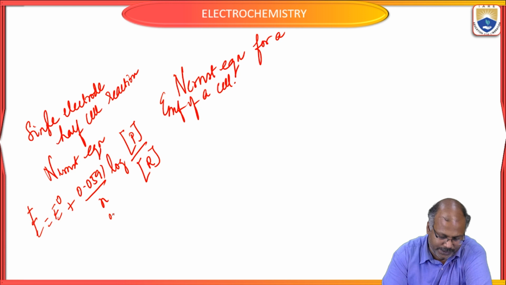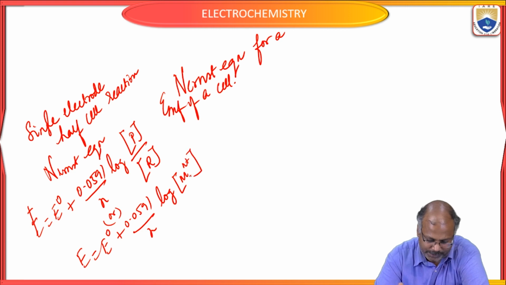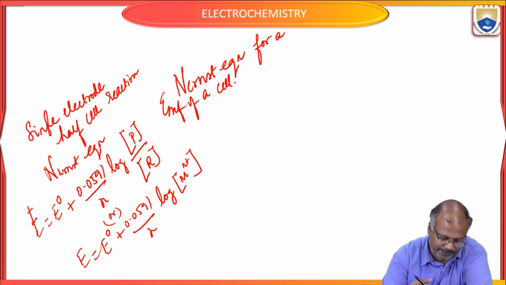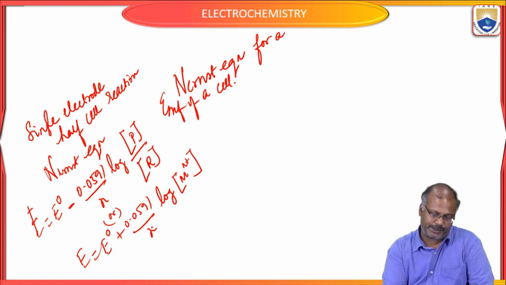Or we have seen directly E is equal to E naught plus 0.0591 by n logarithmic concentration of metal n+ ions. Okay, this becomes plus here.